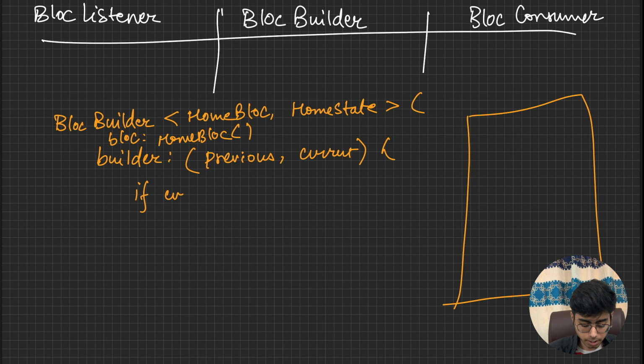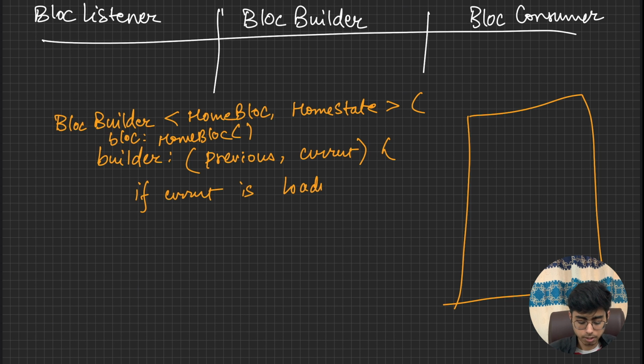So over here I can say if my current state is, let's say, the loading state, because as soon as you open Instagram, it will be in the loading state. So you can return, and yes, in the builder we have return statements, because widgets will be returned. So the return will be a circle loader.